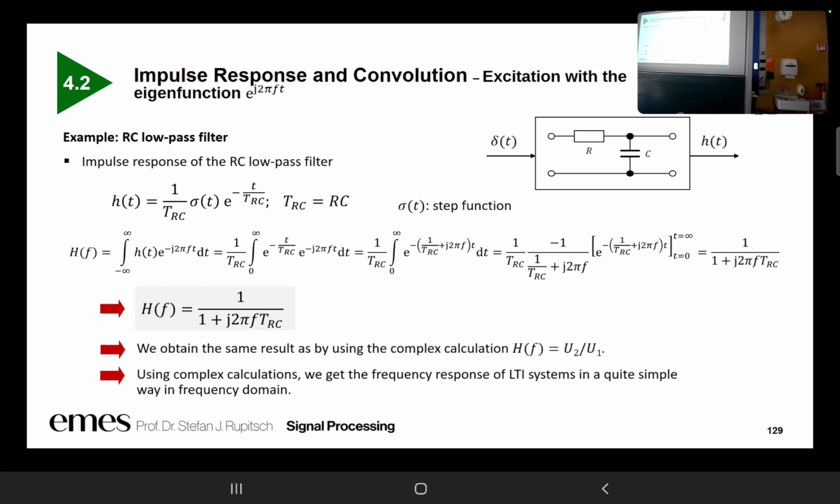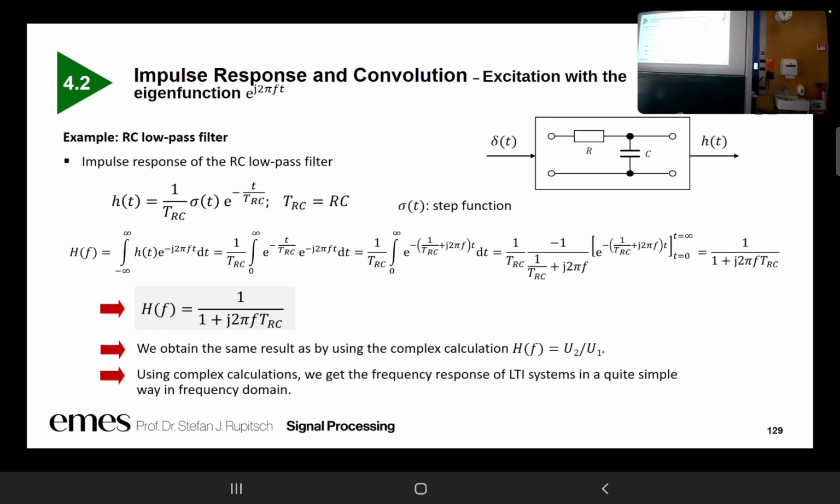Good. So, for our simple example, the RC low-pass filter, we have here our impulse response. We can calculate from this impulse response immediately the frequency response by evaluating the Fourier transform. It's written here. We can limit the integral to the range from 0 to infinity, due to the fact that the impulse response is 0 for times smaller than 0.